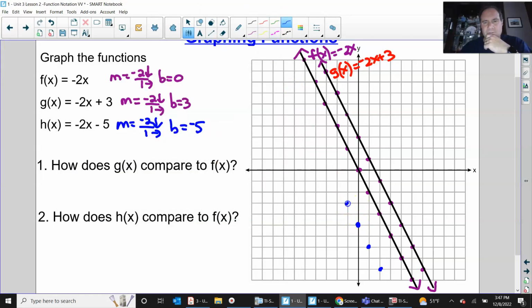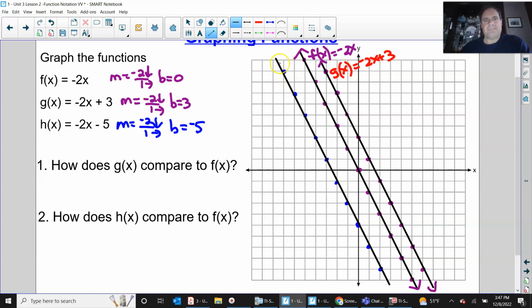I'm going to go up 2, to the left 1, up 2, to the left 1, and you just keep on going like this. So I'm going to connect those points with a straight line using my ruler.